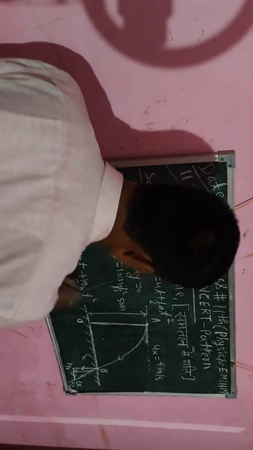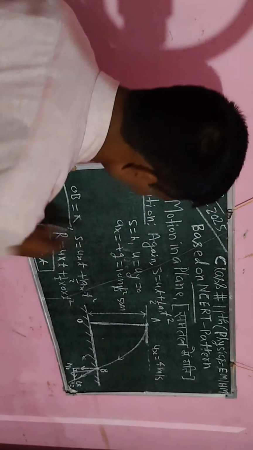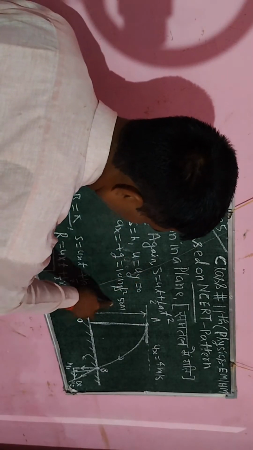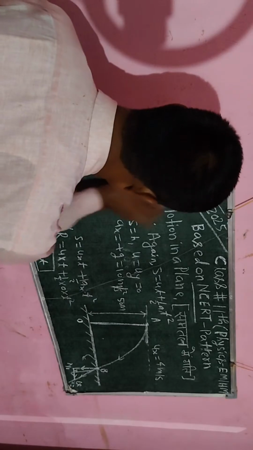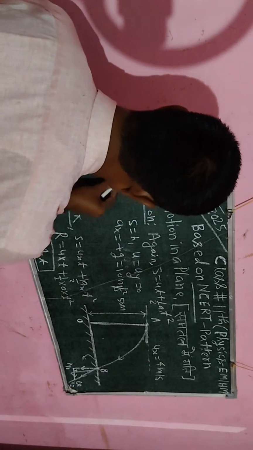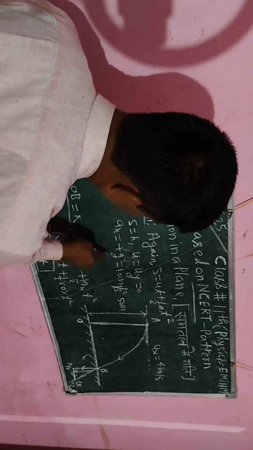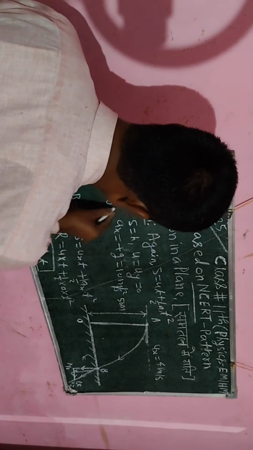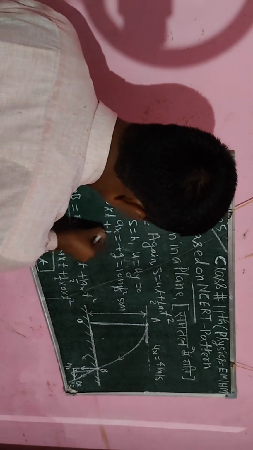So I have to write the information in the equation. In the place of s I have to use h, and the value of h is given here, 50 meter. So I have to write here 50 meter, which is equal to uy, that will be 0, into t plus 1 by 2.